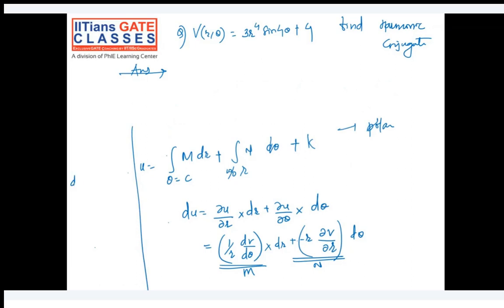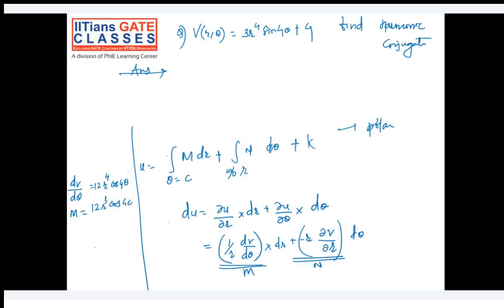What is dv by d theta? 3r raised to the power 4 as it is, then differentiation of 4 theta is cos of 4 theta into 4. So 3 will become 12. This is dv by d theta. So m will be 1 upon r dv by d theta, so it will be 12 r cube cos of 4 theta.